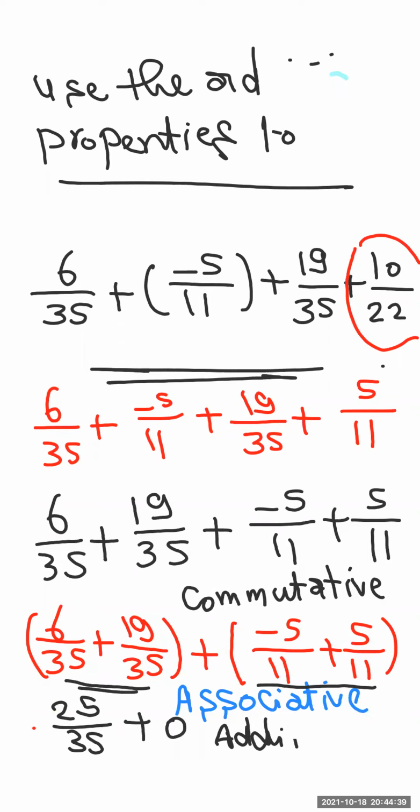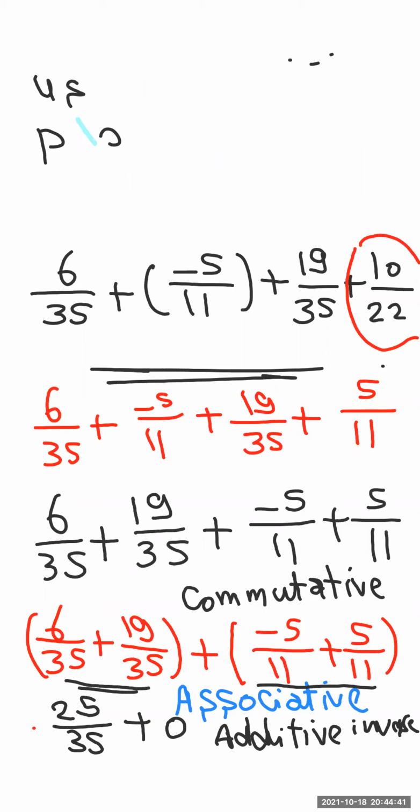Then continue to the next step. A number plus 0 will equal the same number, 25 over 35, which is the identity element, because we just added 0.